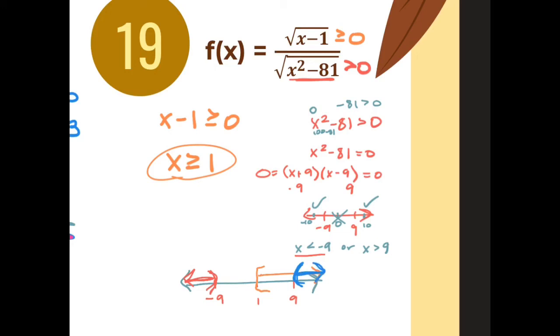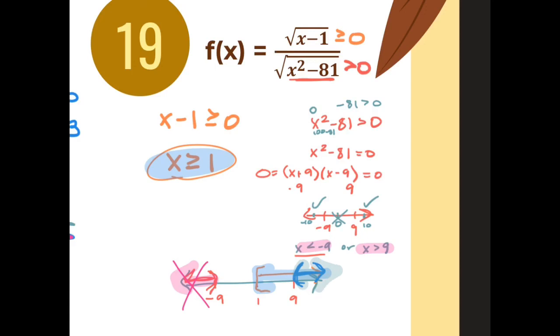So now we're saying that this part has to be true, which means I have to use the orange. But then with the bottom, we're saying it's either this or that. So because the negative 9 pointing to the left does not overlap with the orange at all, we overrule that part. And then on the right, we take where they overlap. So that actually starts at 9 and points to positive infinity.